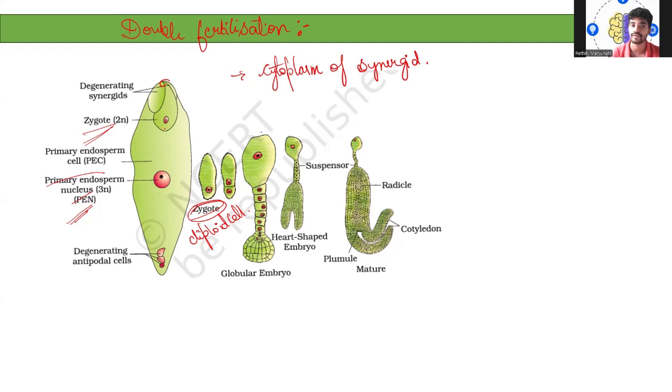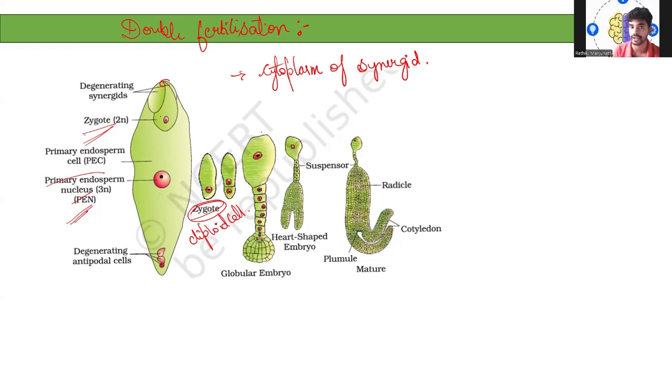Therefore I call it triple fusion. So one of the nuclei moves to the synergid region and fuses, forming the zygote. This is one point.